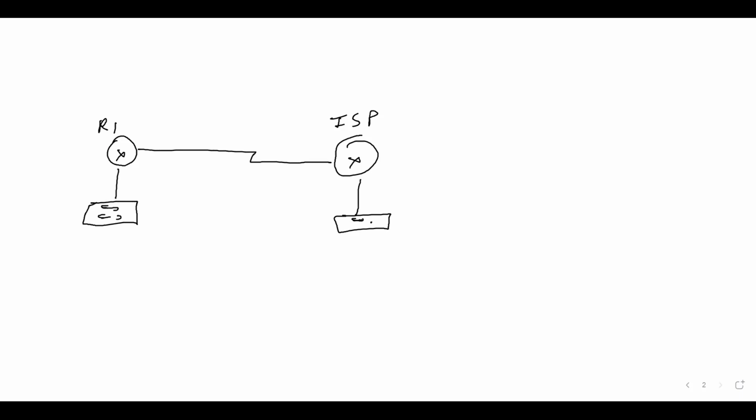So what I will do now, I will say if any private IP coming by this, coming to this router R1. Are you seeing anything? I'm not seeing anything here.